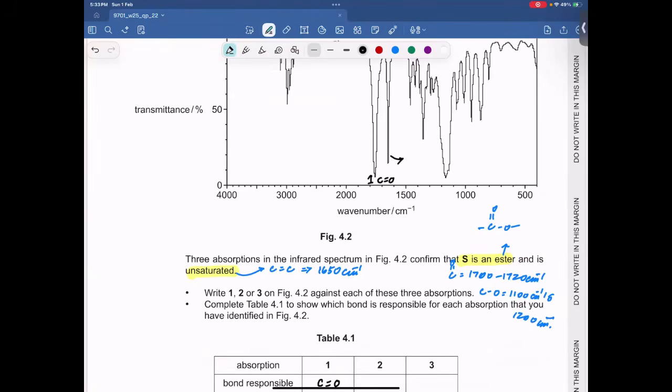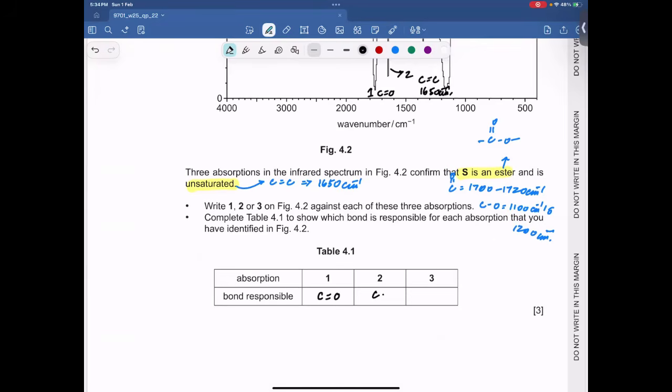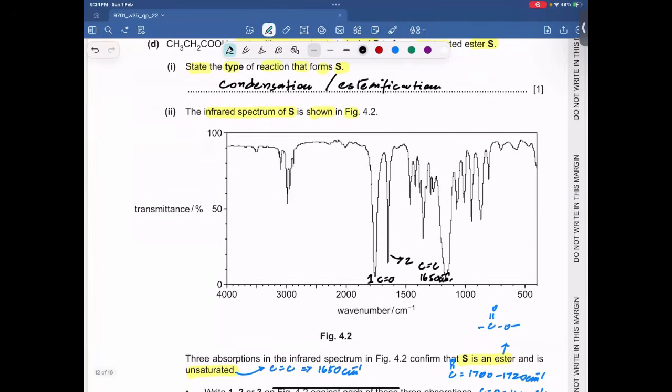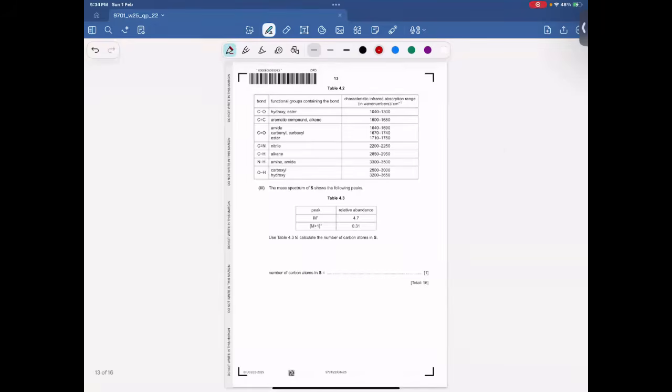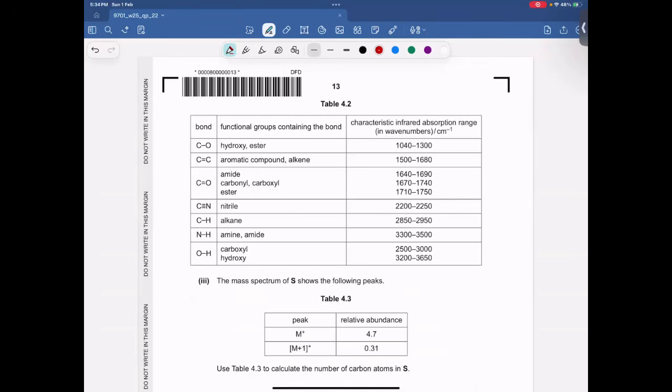And this is 2, that represents alkene, which appears at 1650 centimeter inverse. And the third one is this one, that represents C-O, and it usually appears from 1100 to 1200 centimeter inverse. So C single bond O, that is the range.